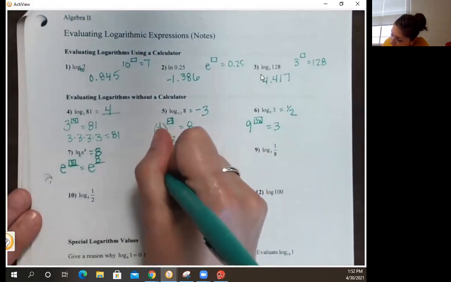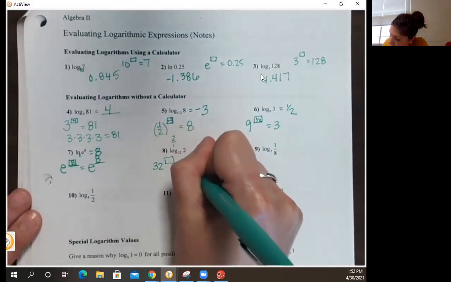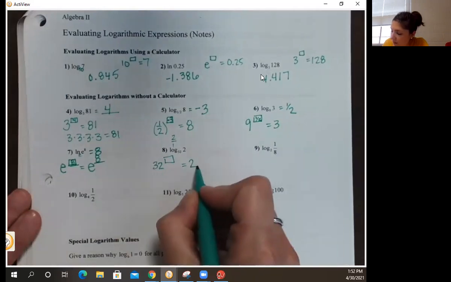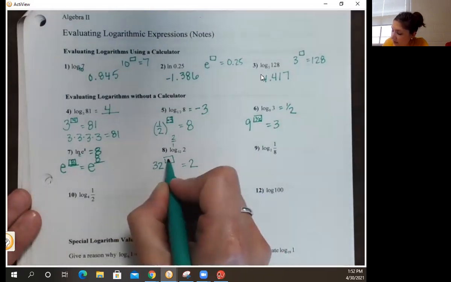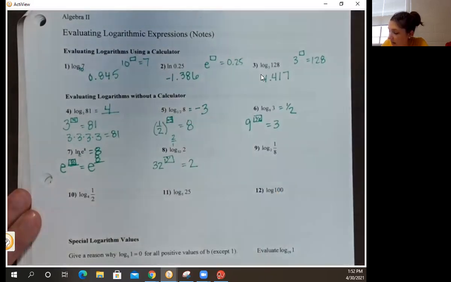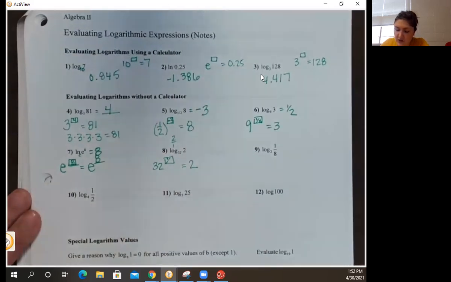Number 8, 32 to what power equals 2? Again, I'm going from a big number to a small number here. That means I'm going to want a fraction. So I'm going to want 1 over something. So essentially what I'm saying is what root of 32 gives me 2?